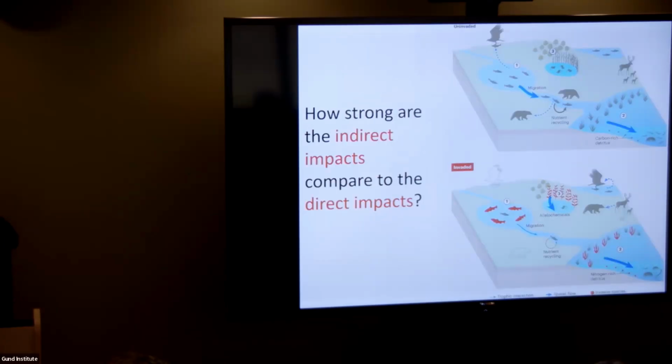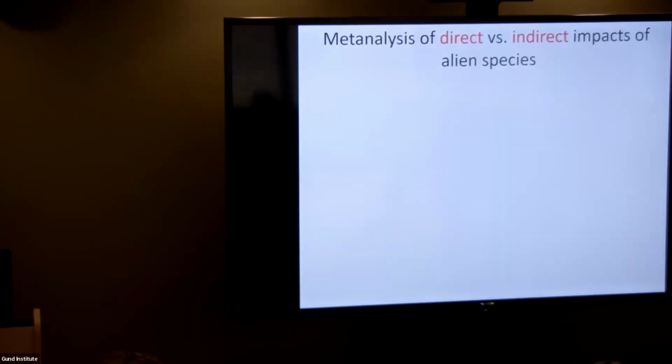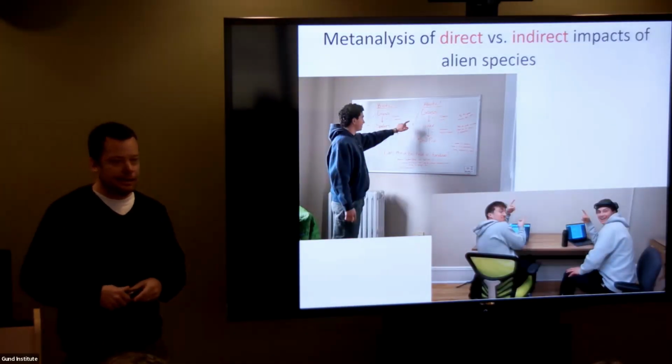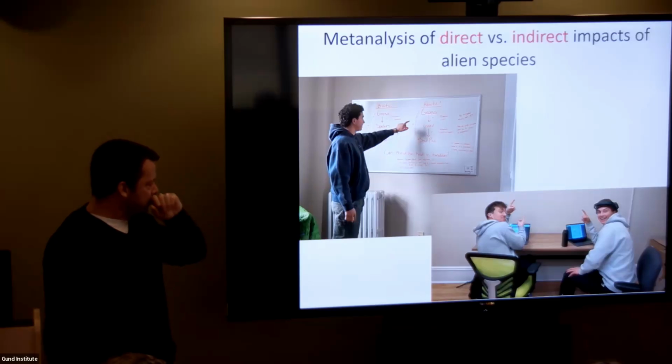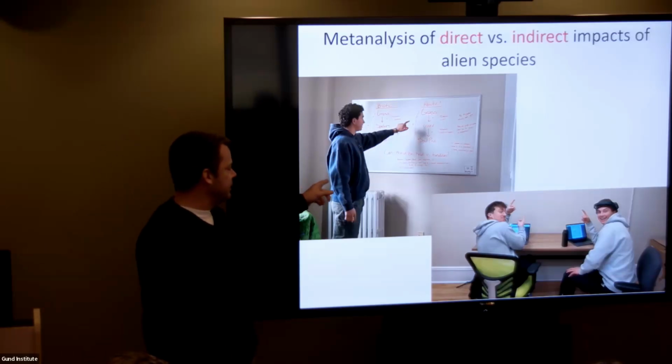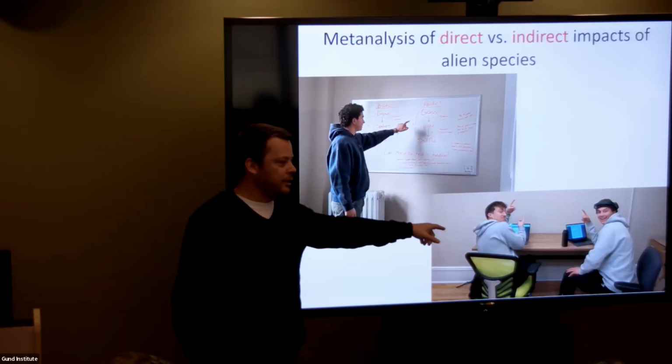So how strong are these indirect impacts? We are doing a meta-analysis, and when I say we, it means not me. This is Vegas Rockefeller, an undergrad in the lab, working with Eric.